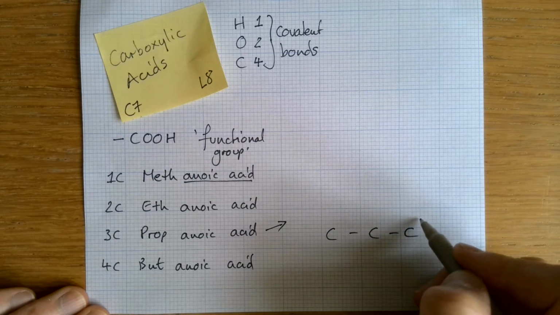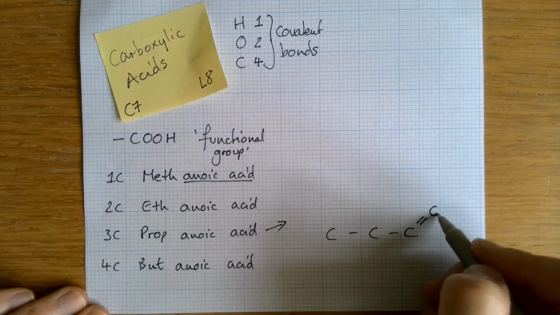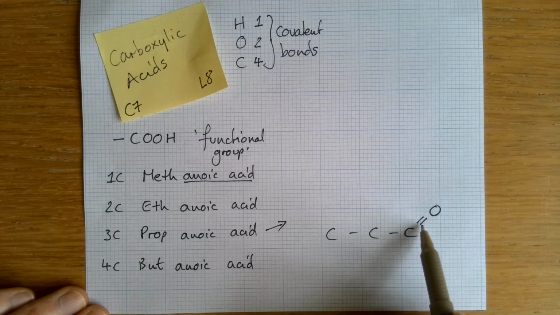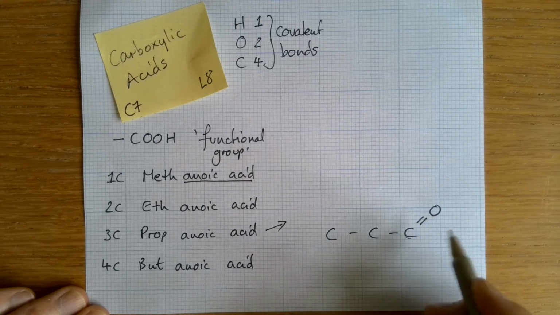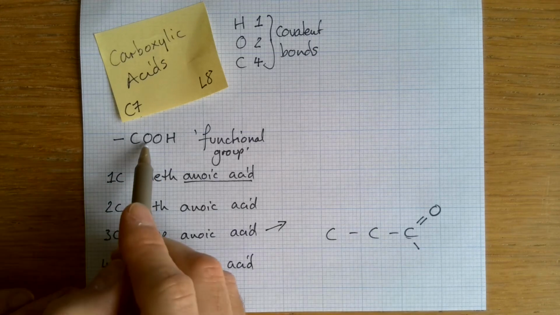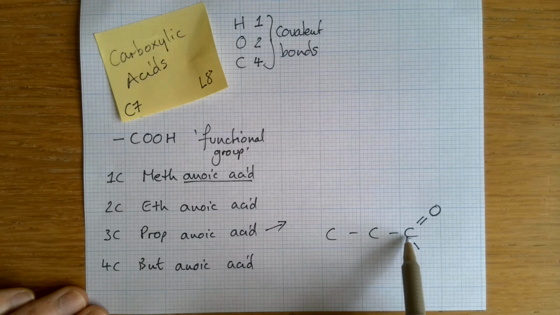So here's how we draw it. We draw one oxygen that has a double bond with the carbon. So remember, oxygen has to have 2 covalent bonds. That carbon has now got 1, 2, 3 already, so it can only make one more. So we've used one oxygen, we've used 1 carbon, we've used 1 oxygen from the functional group. There's the first carbon, there's the oxygen.